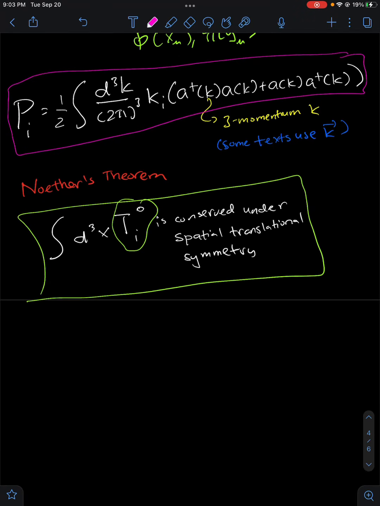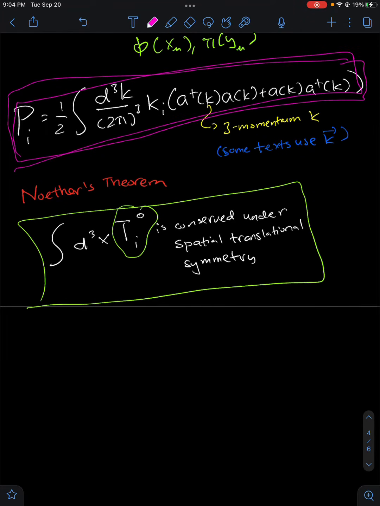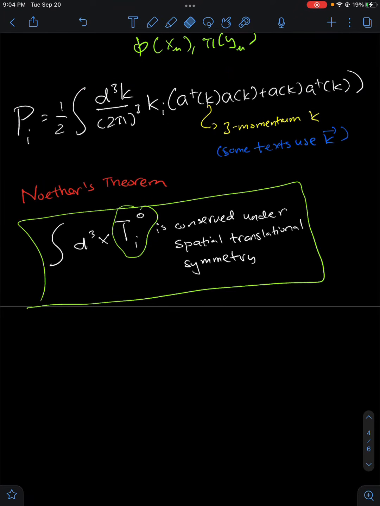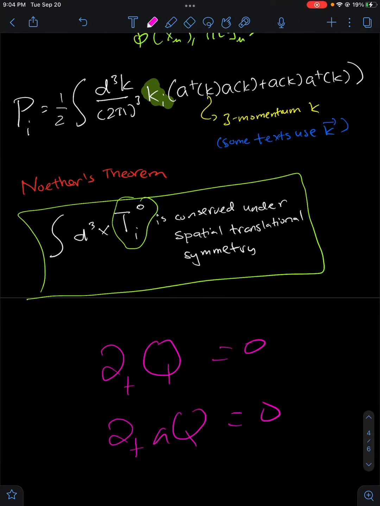But in quantum field theory, this quantity that's under the pink is going to be the conserved quantity under a spatial translational symmetry. So over here, we just have a constant k_i that we're scaling the conserved quantity by, because if we have q being a conserved quantity, we can scale q by any factor and we get a new conserved quantity.